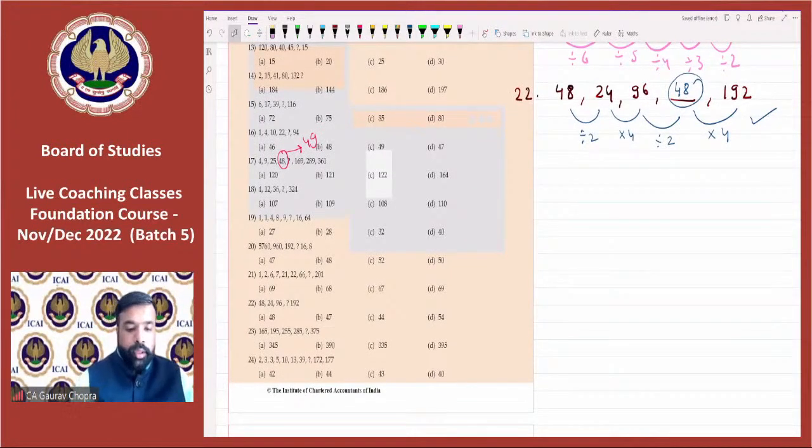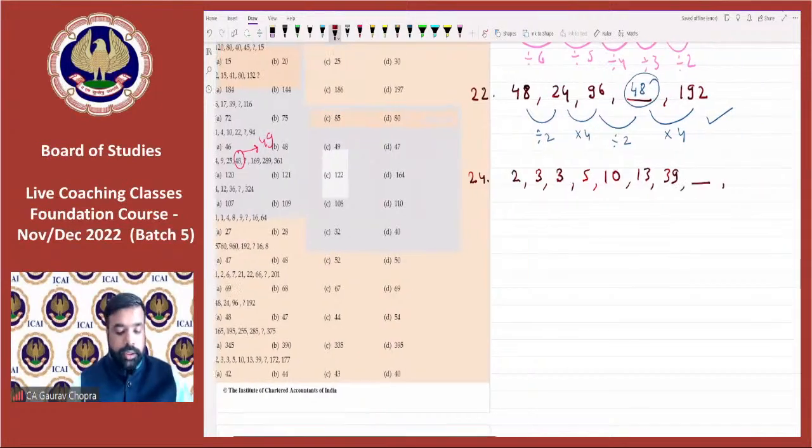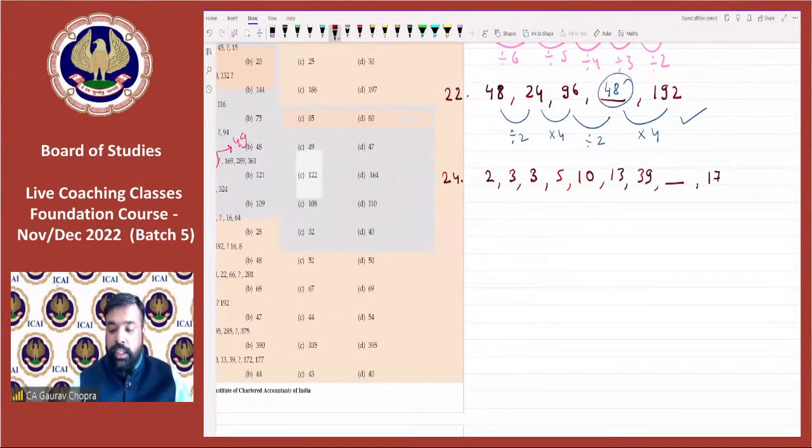That is 24: 2, 3, 3, 5, 10, 13, 39, dash, 172, 177.